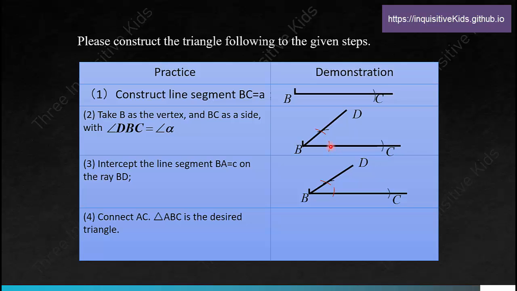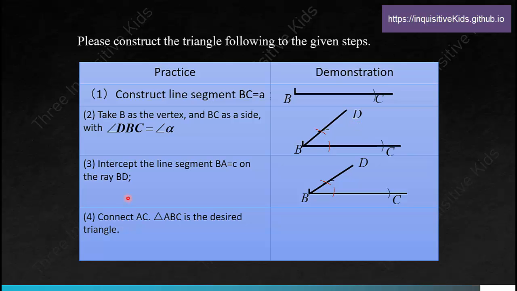Then from this point where this arc crosses with this line segment, we take another length out of the compass, and we make an arc over here so that it crosses on BD. So then these two arcs where they connect, and then you go through them, it would be BD. So ray BD. But we don't want a ray, we want a line segment to create a triangle.